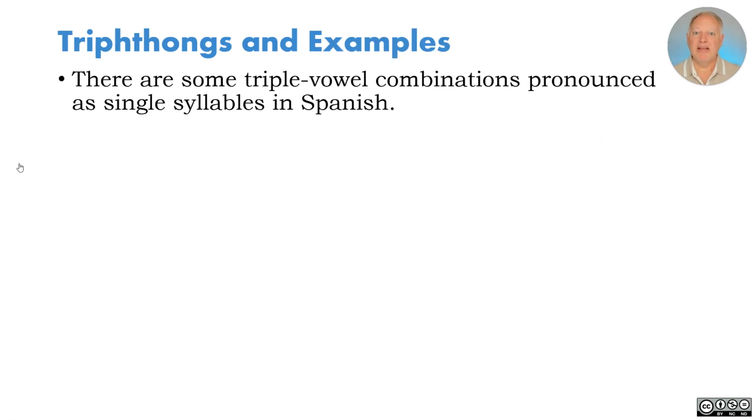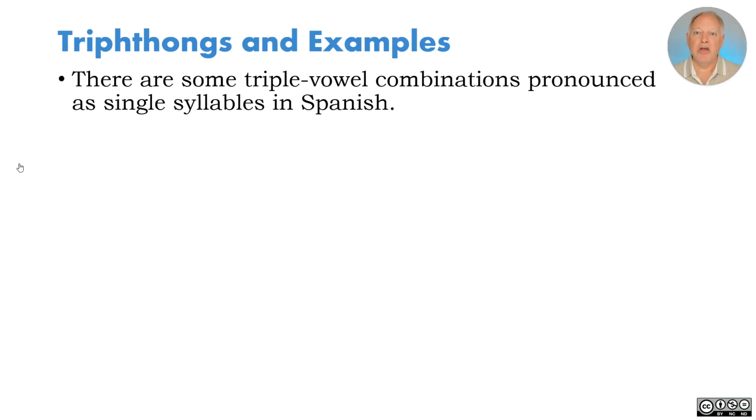All right, so we've covered simple vowels. We've covered two adjacent vowel combinations, both in hiatus and diphthongs. I just wanted to let you know that in Spanish, occasionally, it's not super frequent, but there are some three or triple vowel combinations that are also mushed together into single syllables.